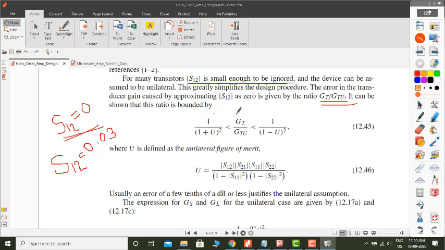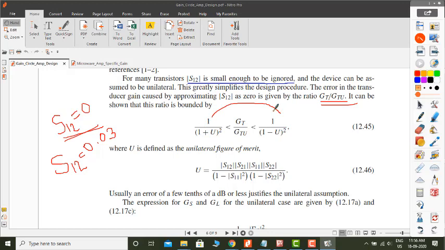So this definition gives the ratio of error. The error in the transducer gain caused by approximating S12 as 0 is given by the ratio GT by GTU. The error will be in the range of 1 by (1 plus u) the whole square to 1 by (1 minus u) the whole square.